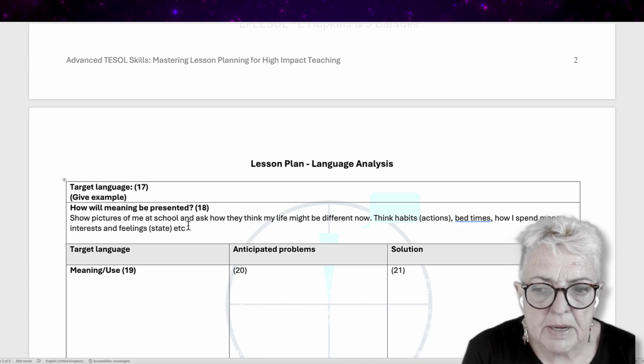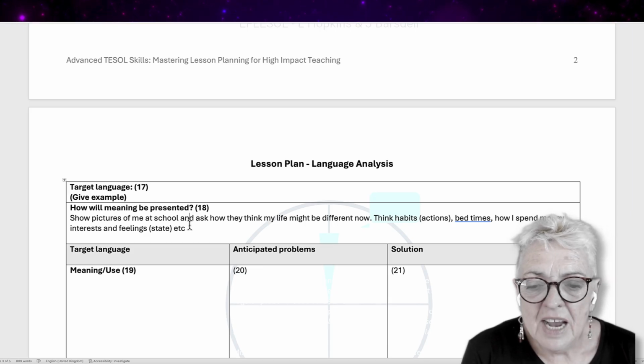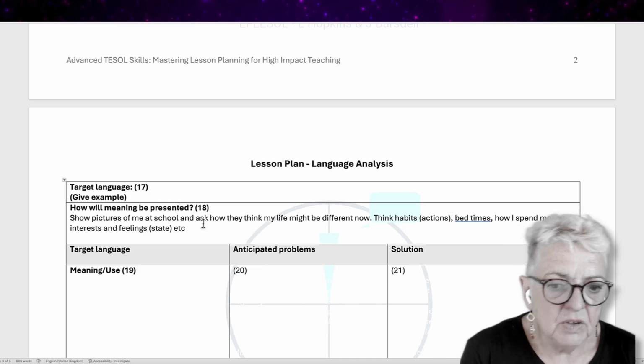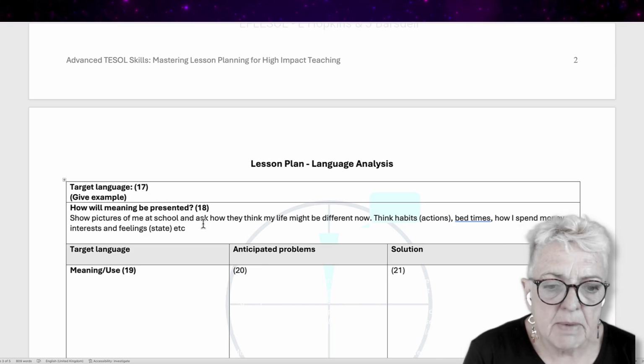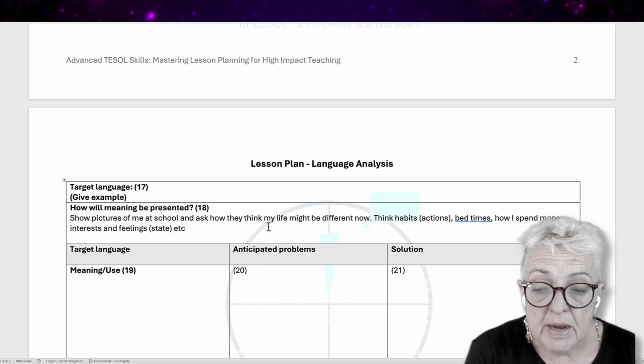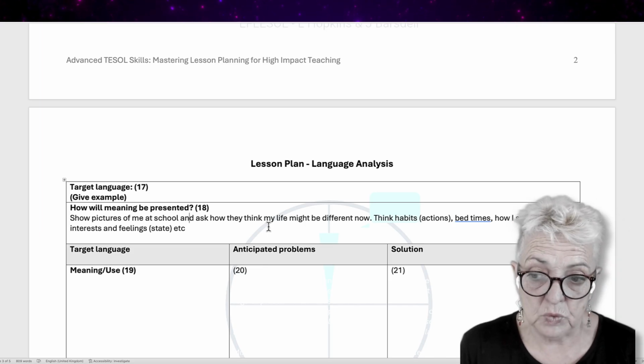So I will show pictures of myself at school. They will be black and white, of course, and ask how they think my life might be different now. I'll guide this by getting the students to think about my past habits, bedtimes, how I used to spend money, how I spent money in the past, my interests and my feelings when I was a younger person at school.